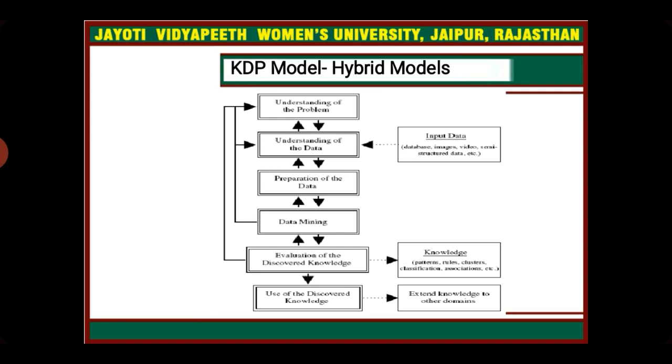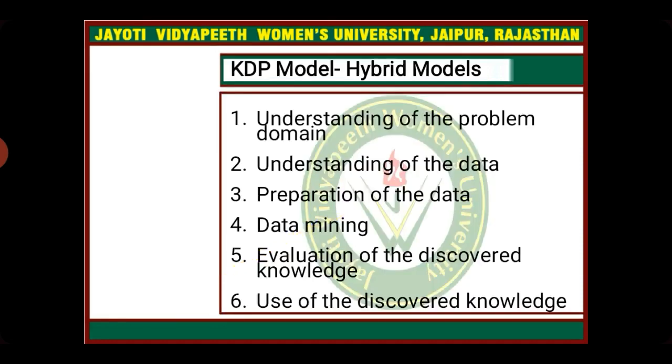Now we can see the figure. This is the six-step KDD process model. Now the first step is understanding of the problem domain. This is a very important step. This initial step involves working closely with domain experts to understand the problem and determine the project goals, identifying key people, and learning about current solutions to the problem.